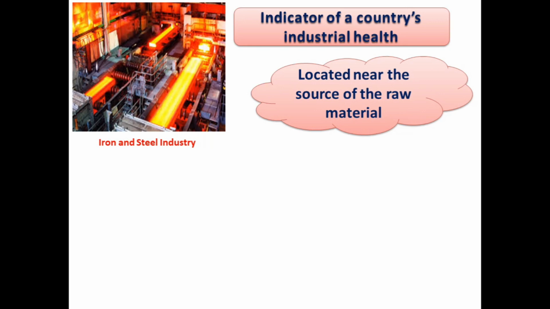And these industries are located near the source of the raw material. Why, children, are these industries located near the source of the raw material? Because the raw material required for manufacturing is in large quantities and bulky.